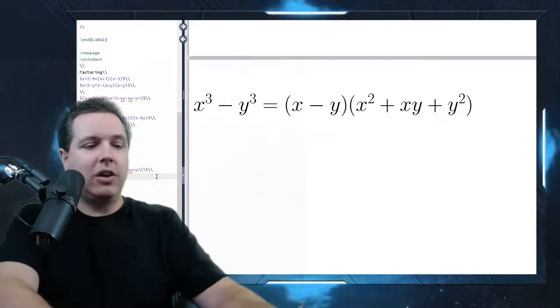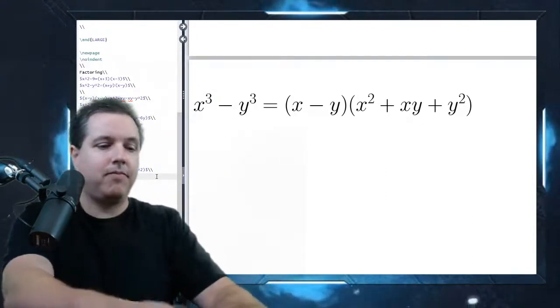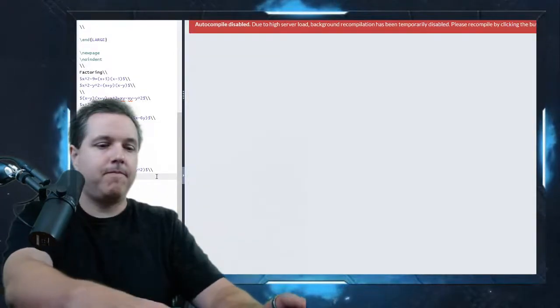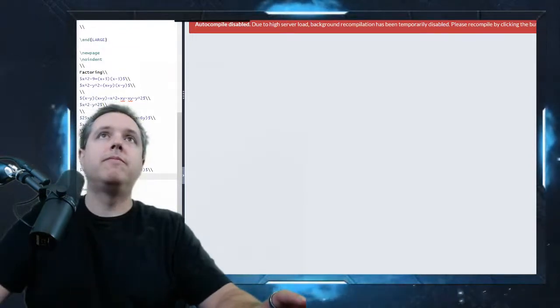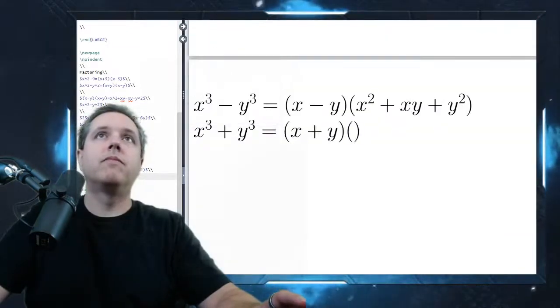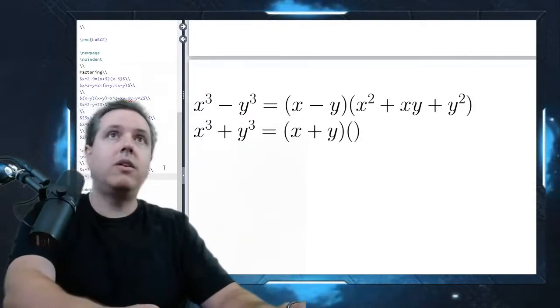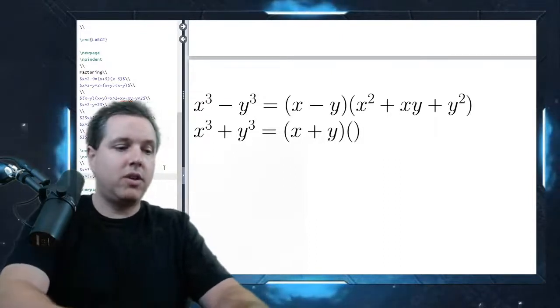And then let's take a look at the sum of cubes formula, because it's very similar. This is going to be x squared minus xy plus y squared.